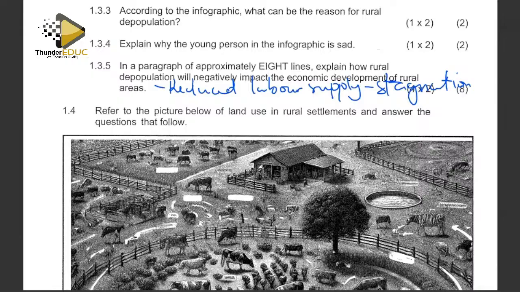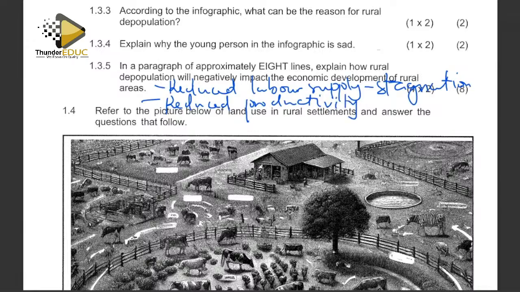People who are supposed to be working on the fields are no longer there. And then who is going to work on the fields? The economy is going to be stagnant for that reason. Then we can also look at the effects like reduced productivity. The rural economy will be faced with reduced productivity.